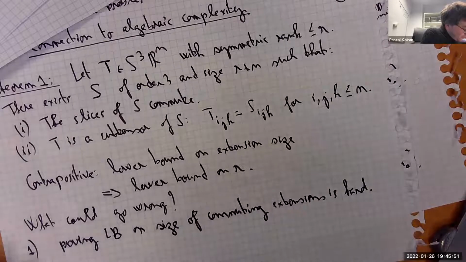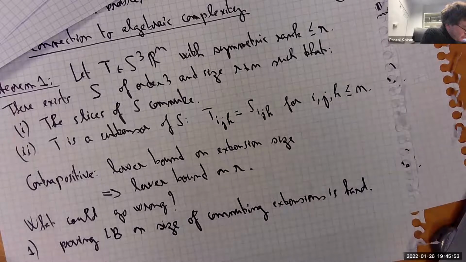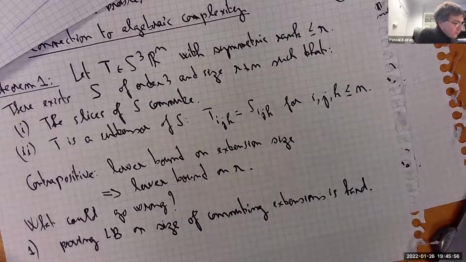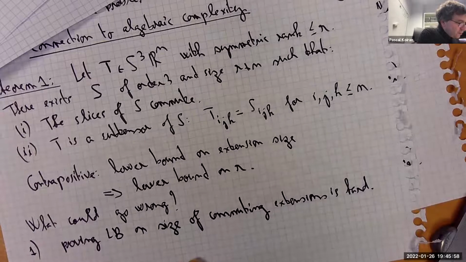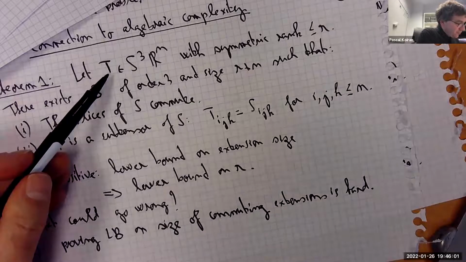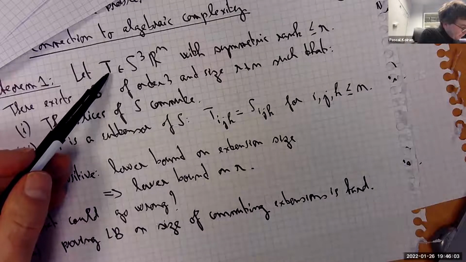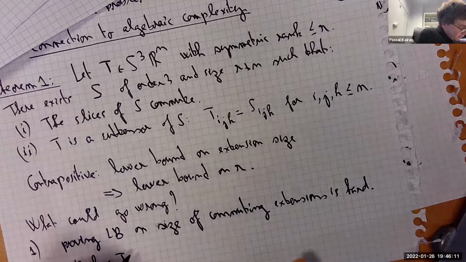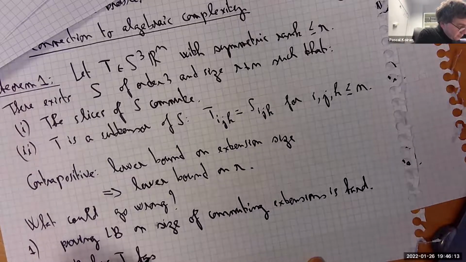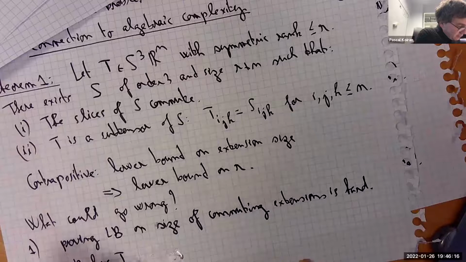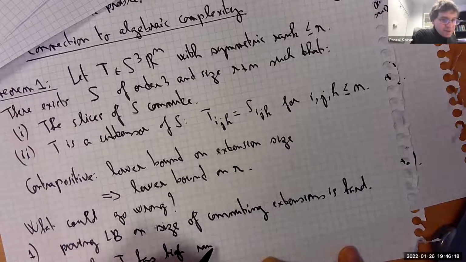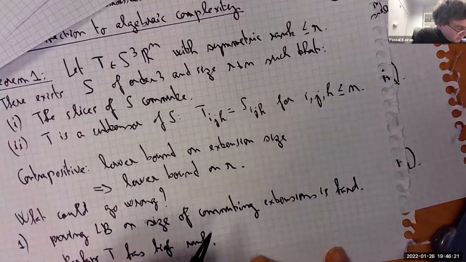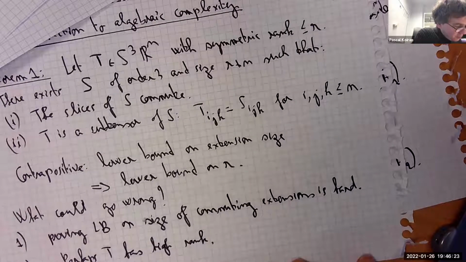And the other potential problem is that you want to put a lower bound on the rank for some tensor T. But perhaps T has high rank, but it might have a small commuting extension.